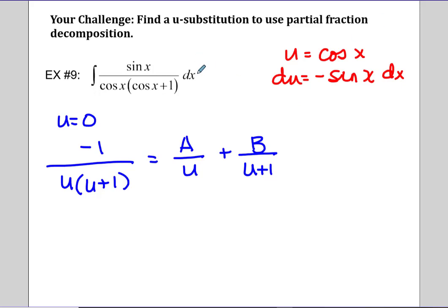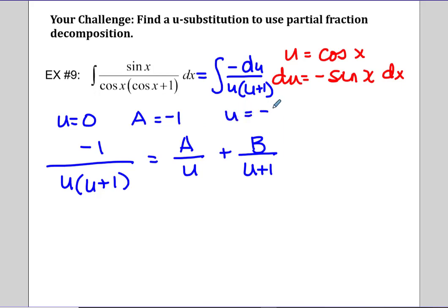And the way I got that is to think about our integral being negative du over u times u plus 1, so using this with our u substitution. And we want u to be 0. So if u is 0, then a is -1.